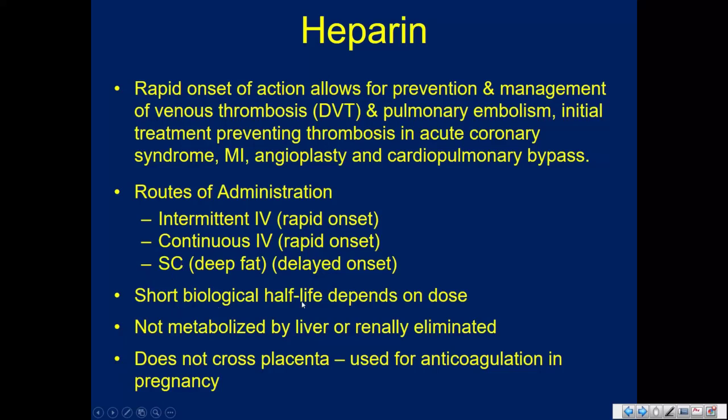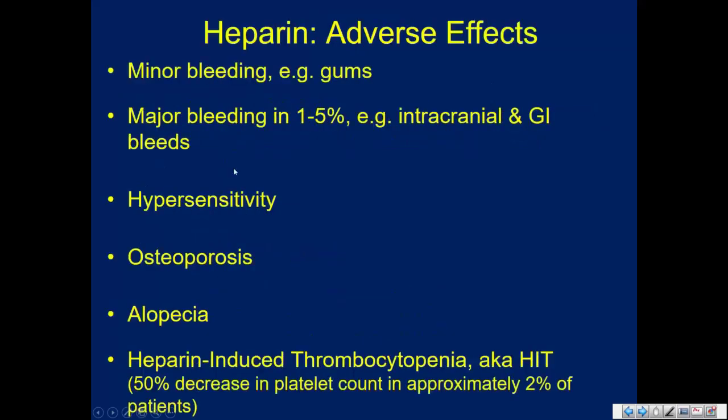Heparin has a short half-life, and it correlates specifically with dose, so it has odd pharmacokinetics. It's not metabolized by the liver or the kidney, so there's no issues of disease states affecting individual dosing. It doesn't cross the placenta, so it can be used during pregnancy.